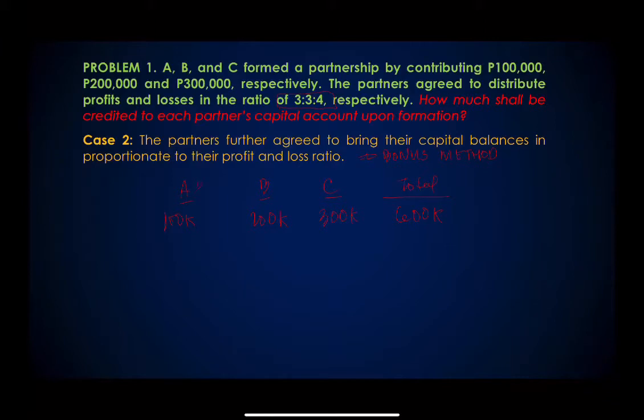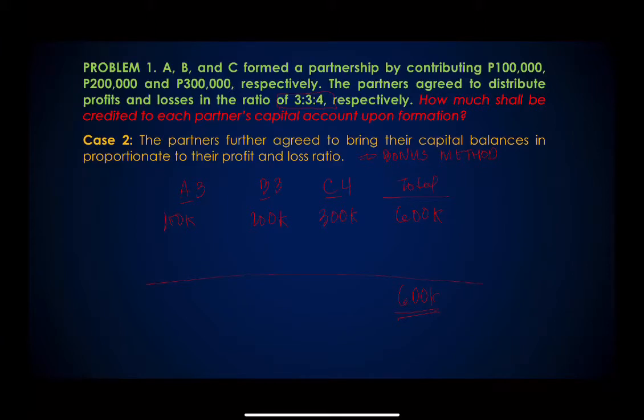They are sharing the ratio of 3:3:4. Okay, so next, we have to determine the respective capital account balances that must be based on their profit and loss ratio.